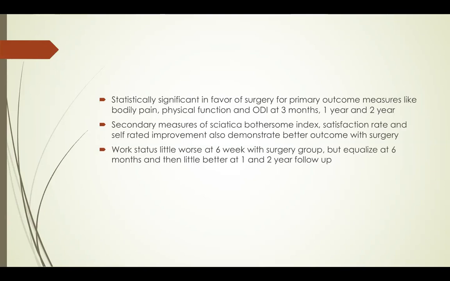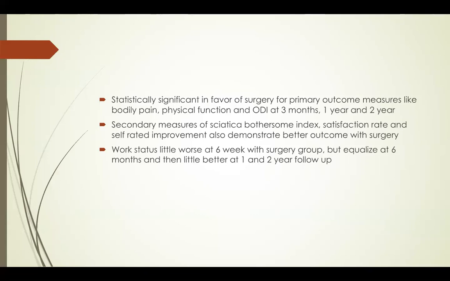What they did in the SPORT trial is they have disc herniations, lumbar canal stenosis, and degenerative spondylolisthesis. They have a primary outcome and a secondary outcome. The primary outcomes include bodily pain, basically the visual analog scale, physical function of the SF-36, and the ODI, the Oswestry Disability Index.